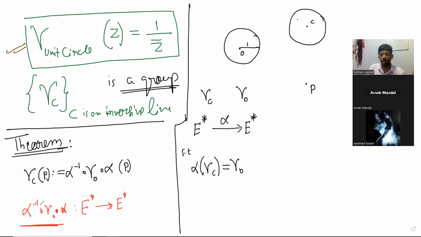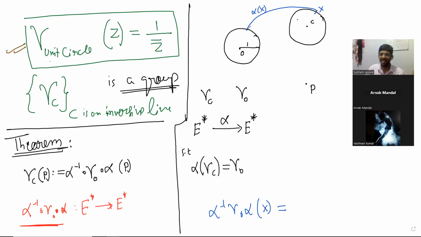So how will we do it? We will first take a point X in C and see where it goes. Tell me where it goes under this function. You see, it's not magic. Alpha X is on the unit circle by definition.